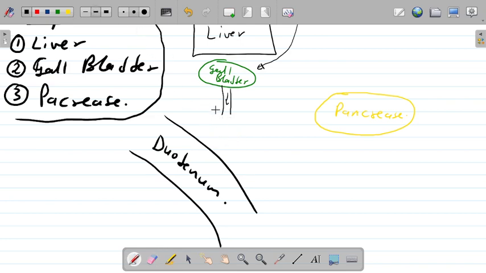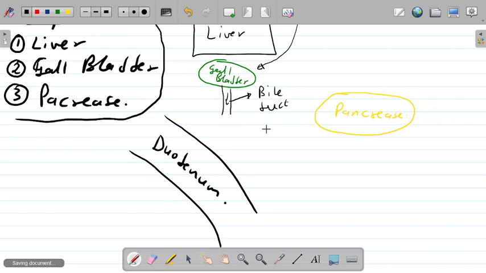Now, before it gets there, there's a tube through which this bile will be secreted, from the gallbladder. We call it the bile duct. A duct means a tube.